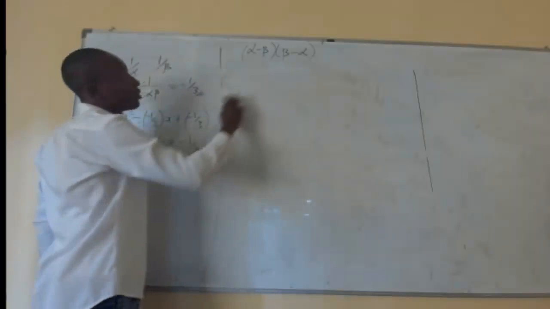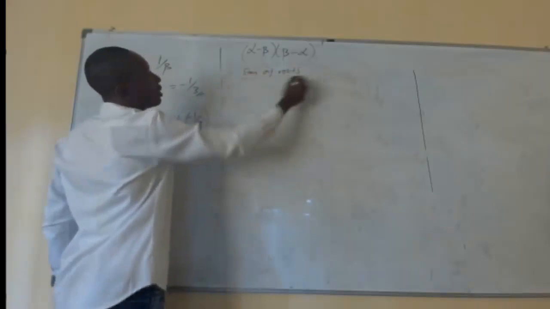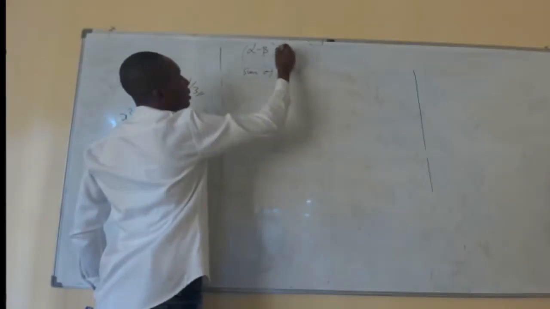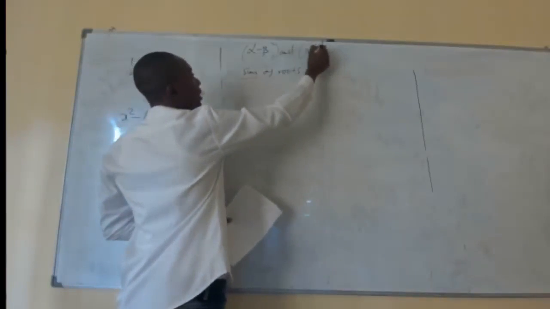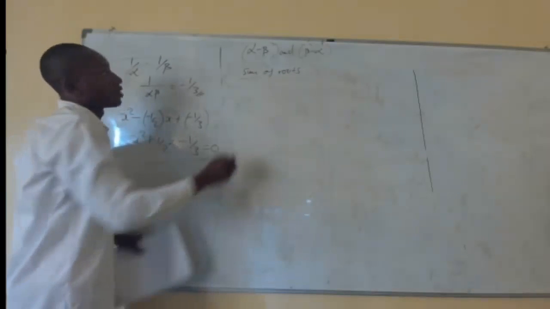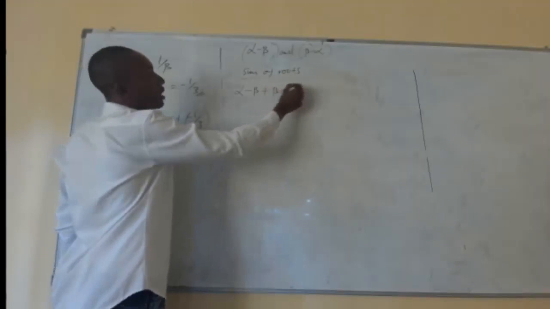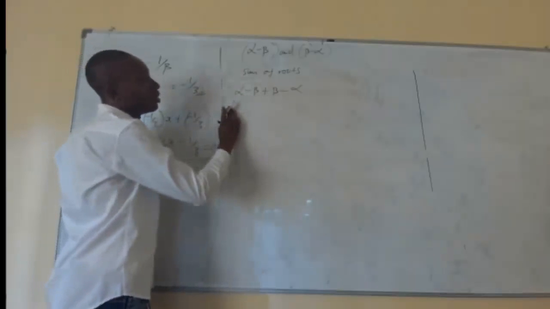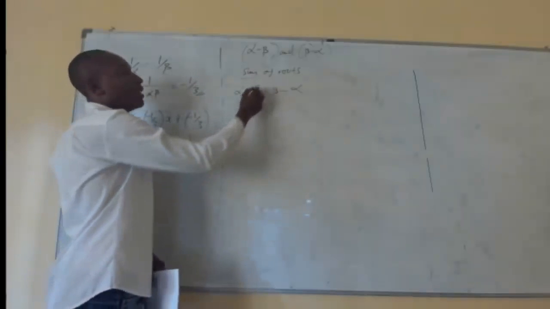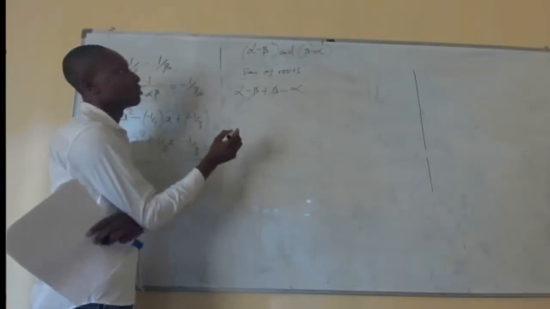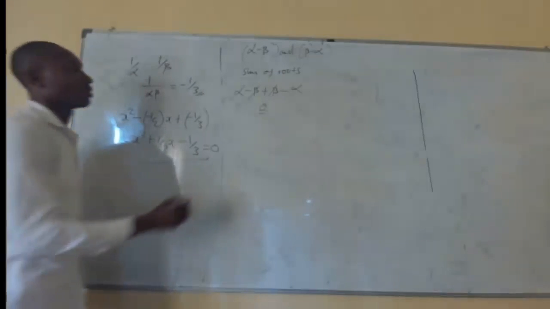Of course, to find the product, we need the sum of the roots. So the sum of the roots will be alpha minus beta plus beta minus alpha. If you add these two, you actually notice that this and this will cancel. This will also cancel, so the answer is what? 0. So the sum is 0.